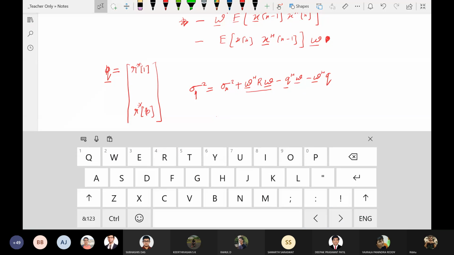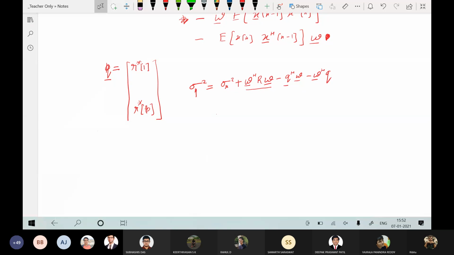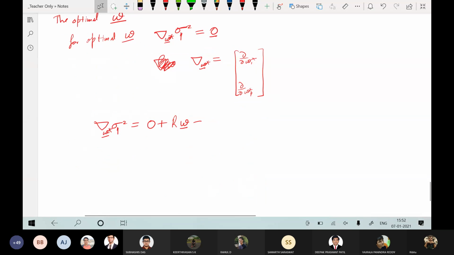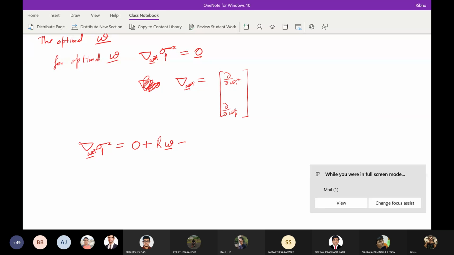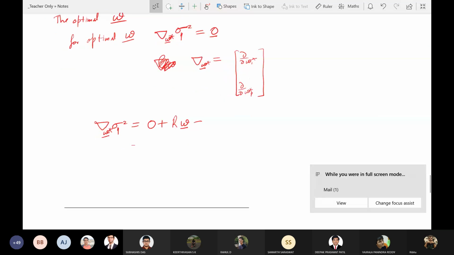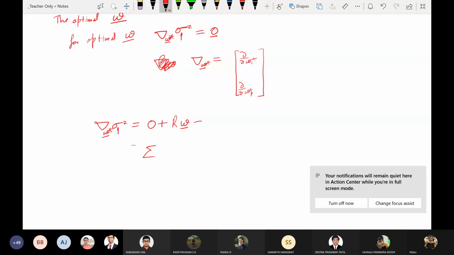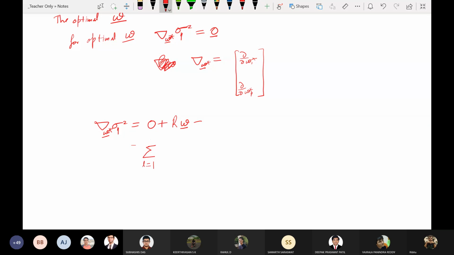Here it is. Basically the Euler equations are: summation L goes from 1 to P of W L R of L minus K, minus R of K, equal to 0.